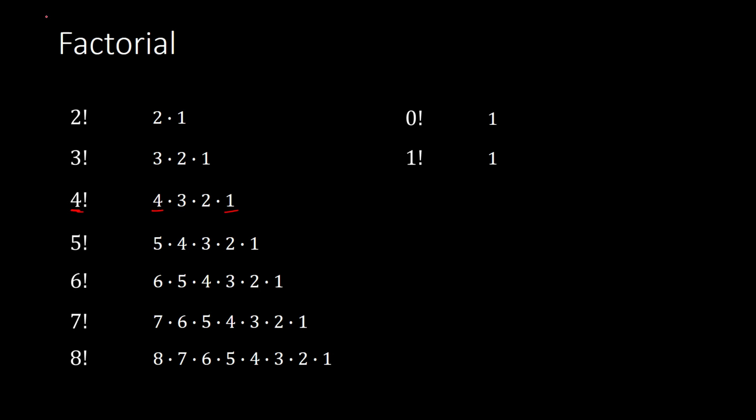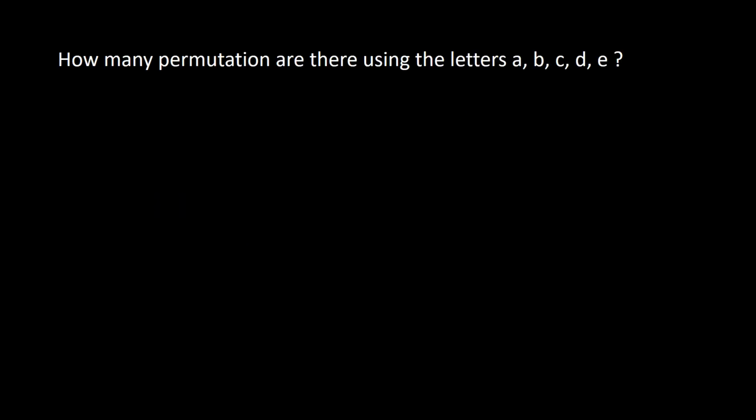So it's kind of like the concept of raising something to a 0 power, where anything to the 0 power is 1. This is kind of the same concept, where 0 factorial, we just know that to be 1. Now looking back at the previous example, where we had the letters A, B, C, D, and E, and we're trying to determine how many permutations there are using these letters.